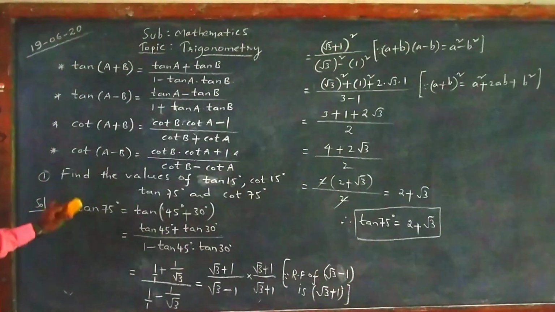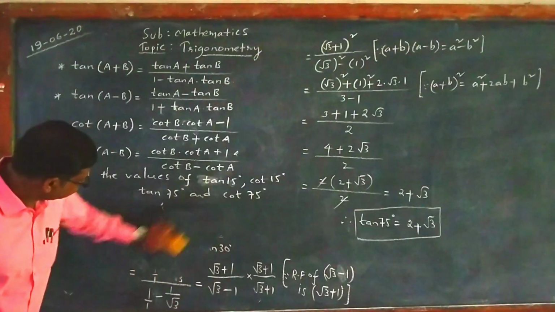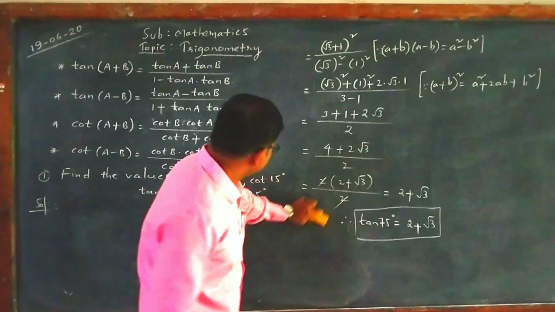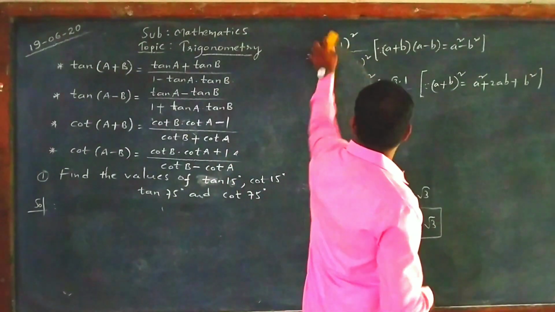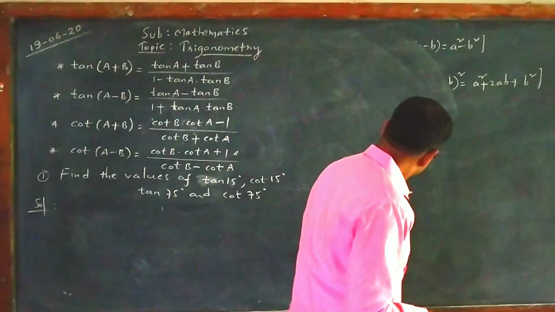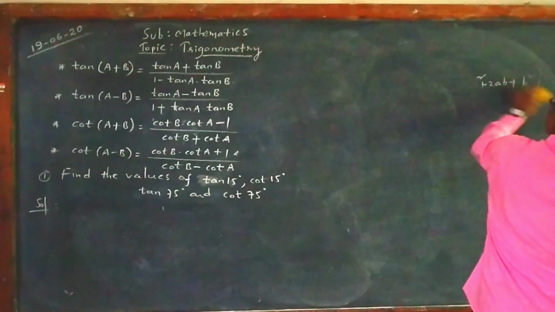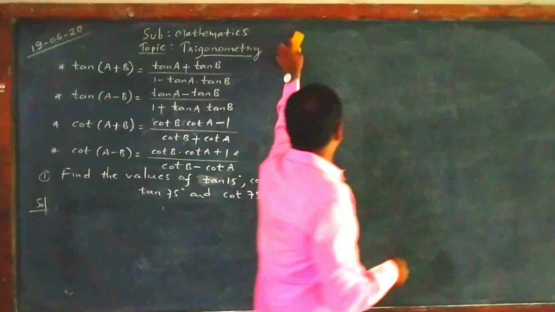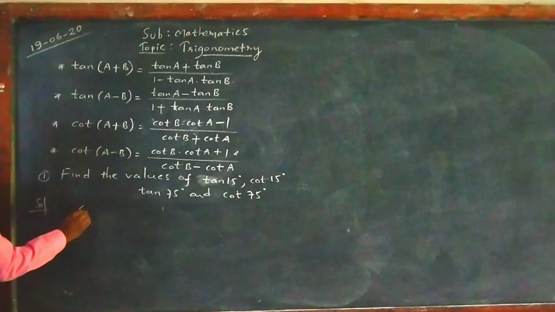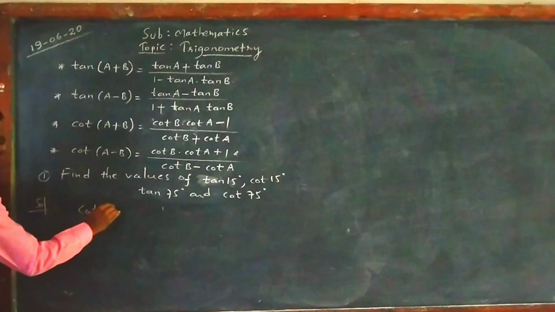Now let us find cot 15. Same procedure, but we will use cot a plus b and cot a minus b. So what is the cot 15 degrees?